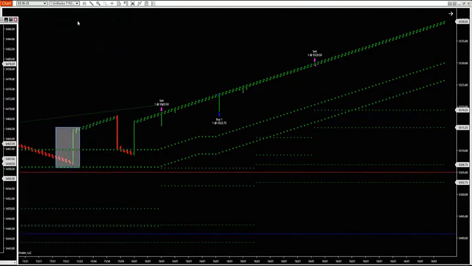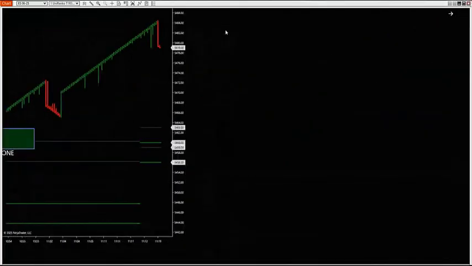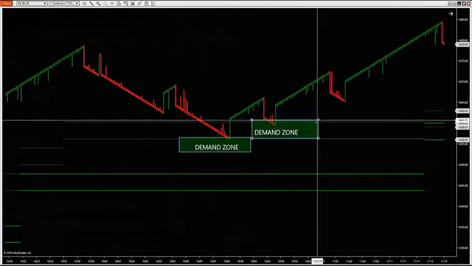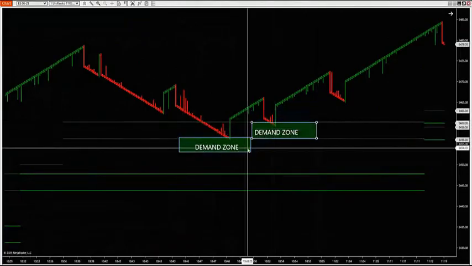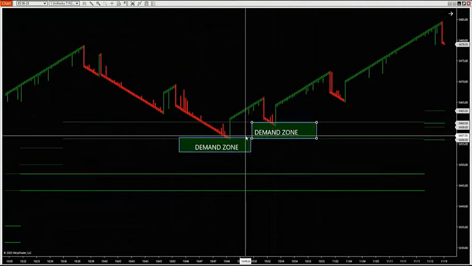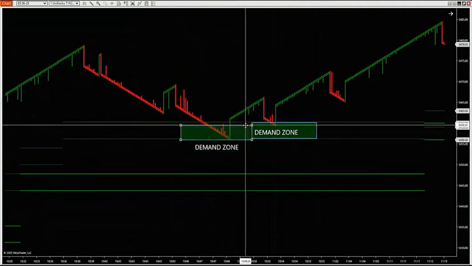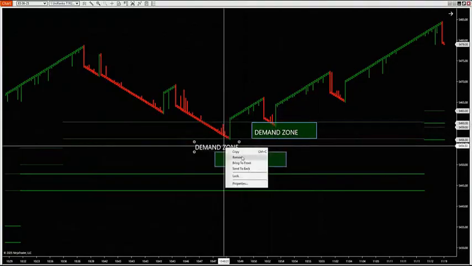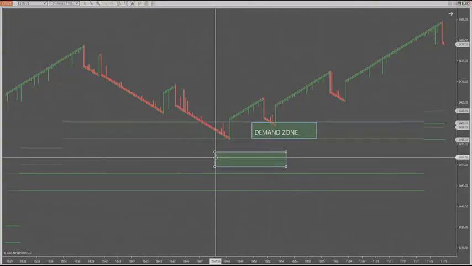So if you put the indicator on a blank chart, it looks something like this, where you get your demand zone on pullbacks. The idea is you're trying to catch rolling position traders on a pullback with trend.